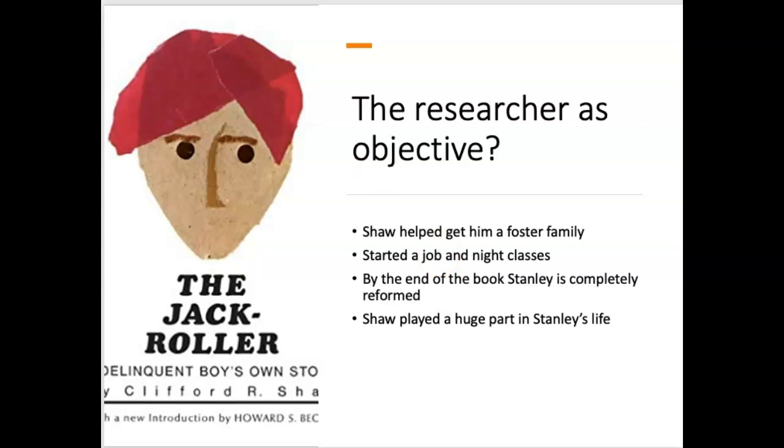And this is why quantitative positivist people often don't like the case study method, because they say, and rightly so, that it is impossible to be objective in this particular form of research. However, that may not be a problem for you if you believe that all research is biased by its very nature.